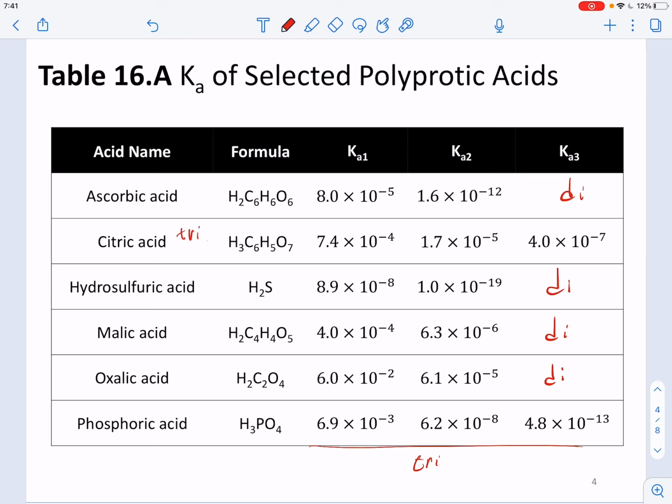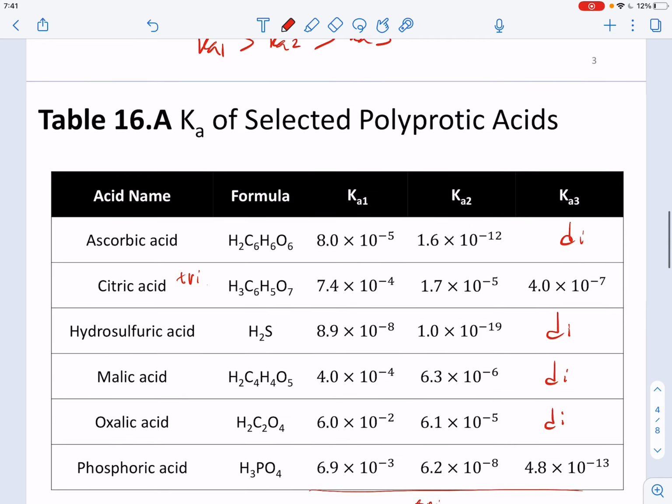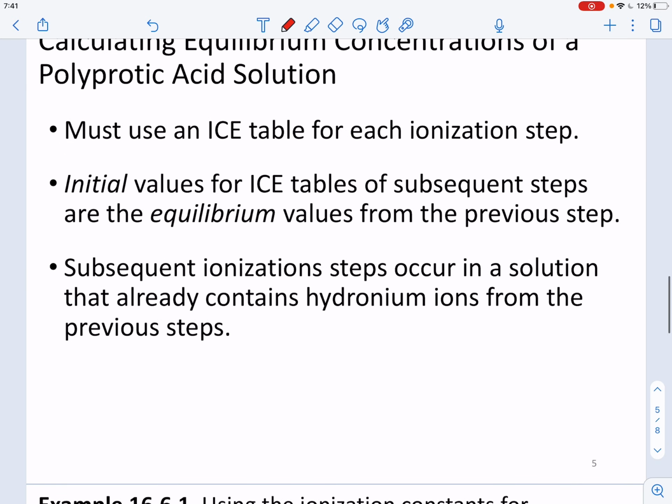Okay. Once again, whenever you are writing acid equilibria, you can simplify your life by just using this type of equilibrium. So HA goes to H plus A minus.